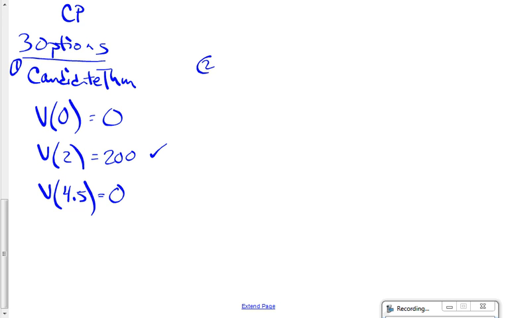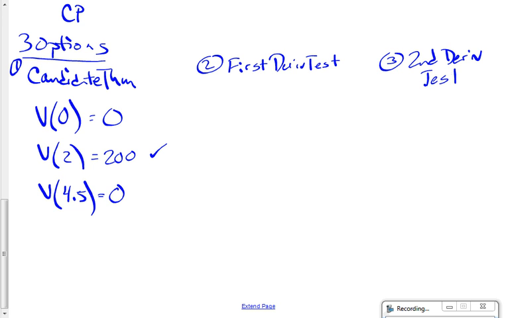Number 2 is the first derivative test. And number 3 is the second derivative test. Just to refresh, and I won't do all three of these on all the problems, but just to refresh the first derivative test and the second derivative test, because we haven't done a lot of examples on it, the first derivative test says this.